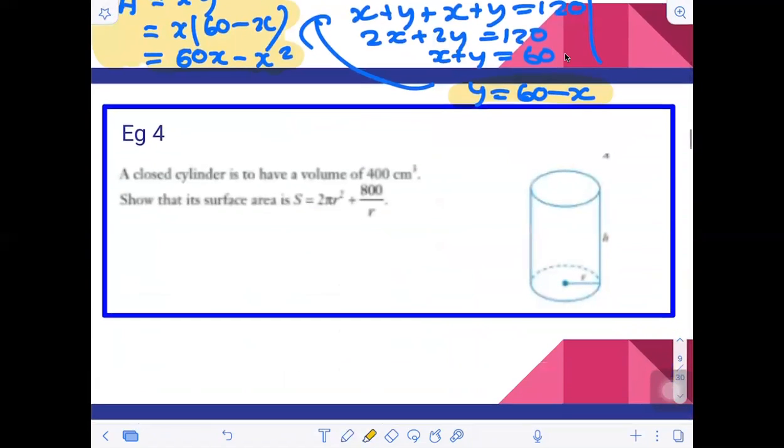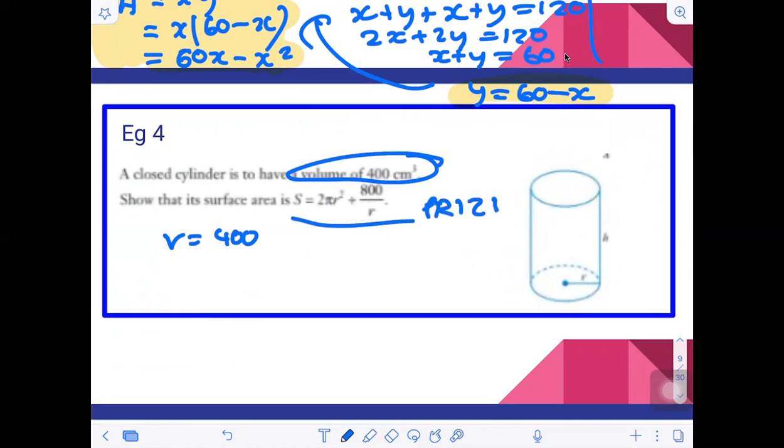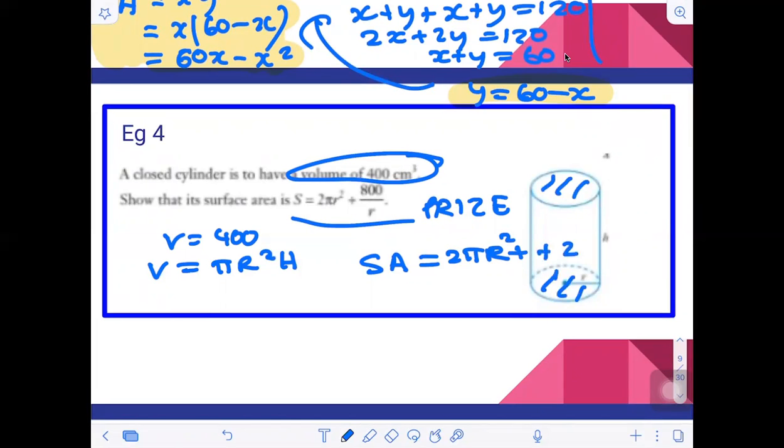Okay, looking at example 4. So we're not doing the calculus part here, we're just getting the formula. So this is our restraint, that the volume is 400, and this is the prize, the surface area. So the volume of a cylinder is pi r squared h. The surface area is 2 pi r squared, because that's the two circles at the end, plus 2 pi r h.